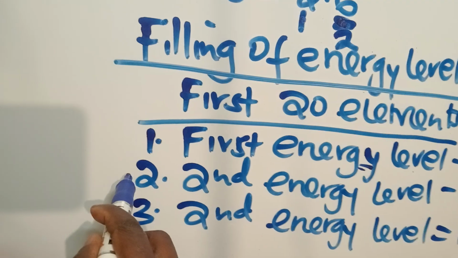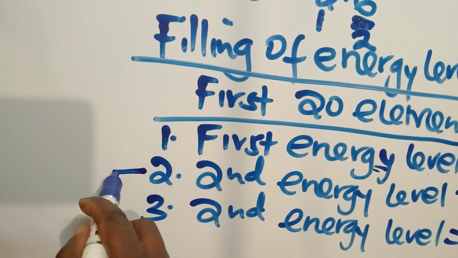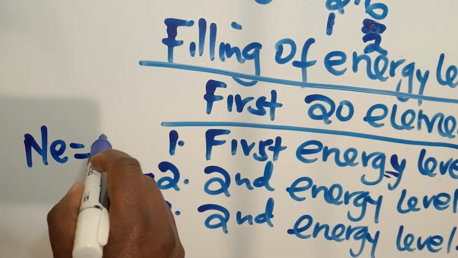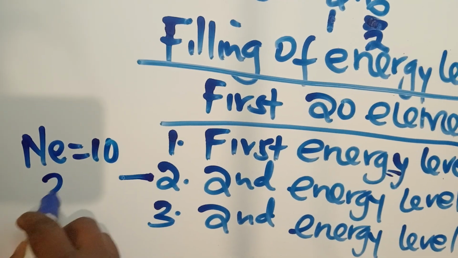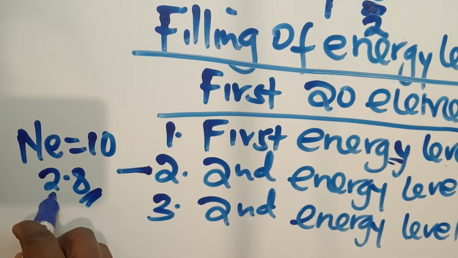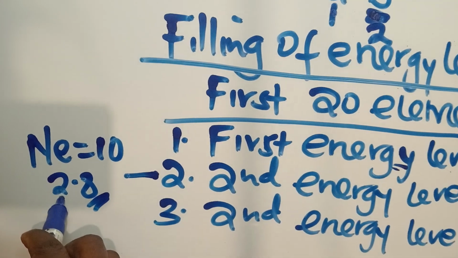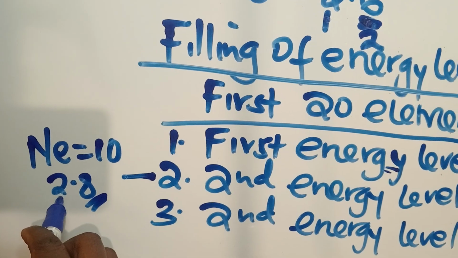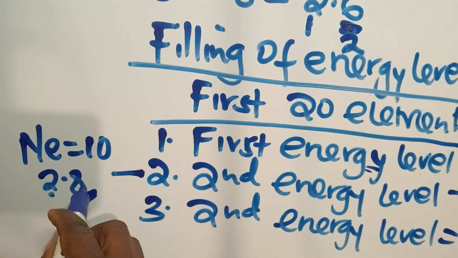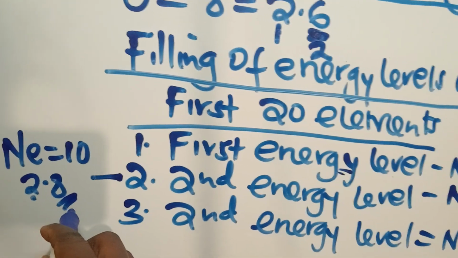The element that fulfills the second rule is neon, with atomic number 10 and electronic arrangement of 2.8. So it has fulfilled the first rule with a maximum of 2 for the first and a maximum of 8 in the second. So it is also stable and in group 8.